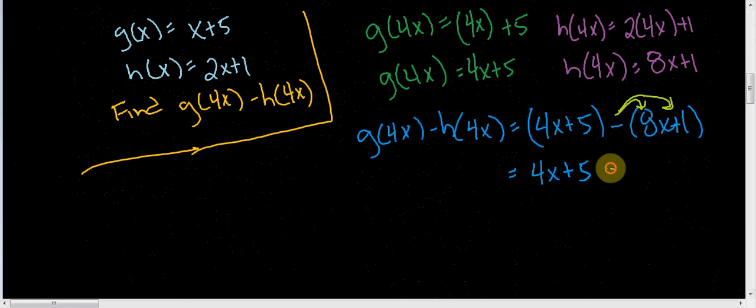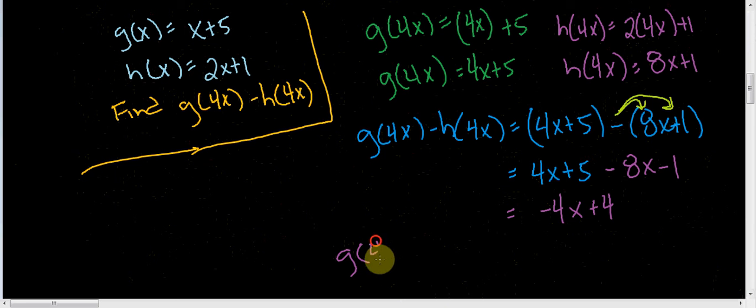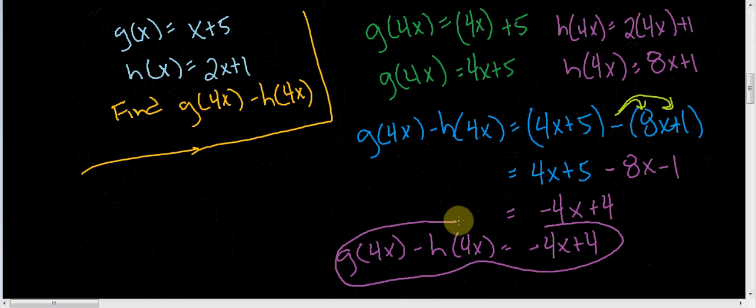So we have minus 8x minus 1, and when we combine like terms here we end up with negative 4x plus 4. So I'm going to say that g of 4x minus h of 4x is equal to negative 4x plus 4. And that's the answer to my problem.